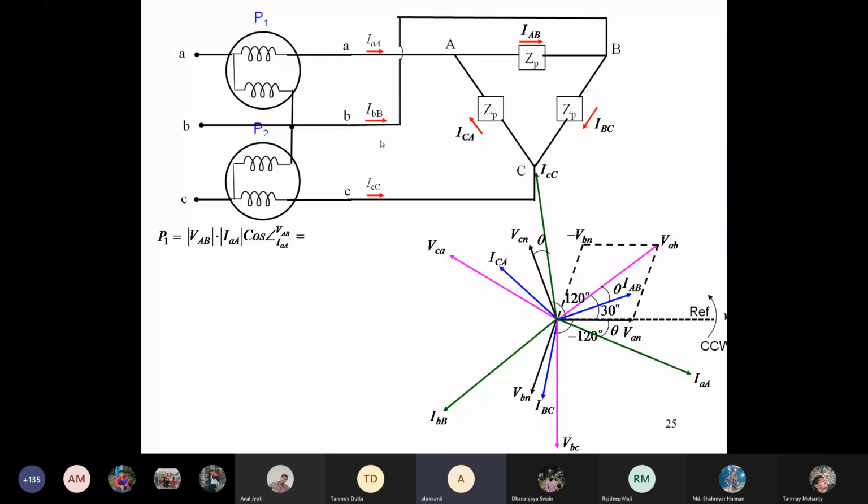Across the load, the voltage coil is connected, and the load is also connected across that wattmeter. The current is IA, but we cannot say for sure that the voltage is VAB, assuming zero loss in the current coil, assuming very negligible voltage drop in the current coil.